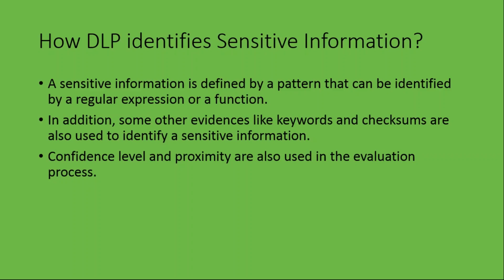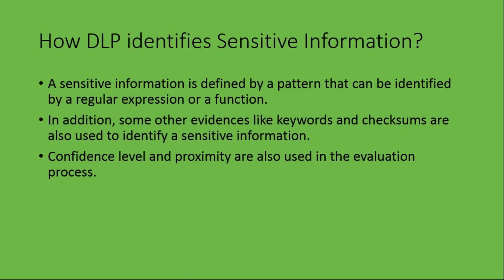Or if we only care about the actual credit card number, we can say that only if you are 100% confident that this number is a credit card number, then tell me. So we can specify any range in the confidence parameter of the query, and based on that confidence level, it will be reported to us as a sensitive document.